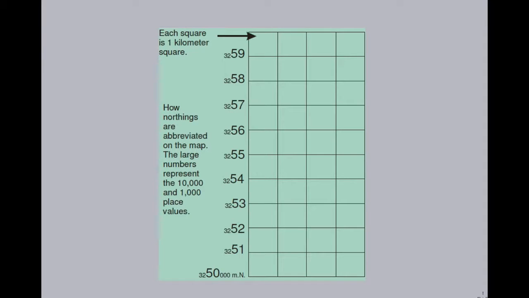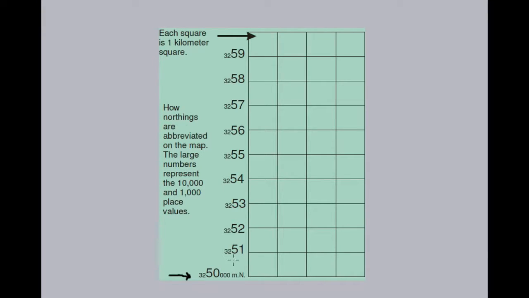Okay, so now let's look at how UTM coordinates are often depicted on topo maps. They're often abbreviated. If we come down here, for instance, let's look at the northing. In this case, here on the topo map, it tells us that this line is 3,250,000 meters north of the equator.